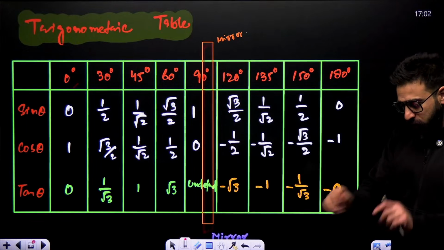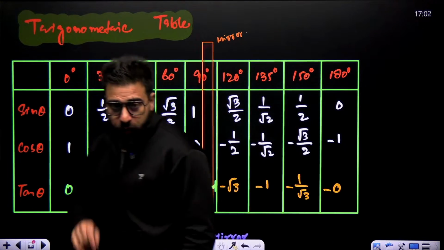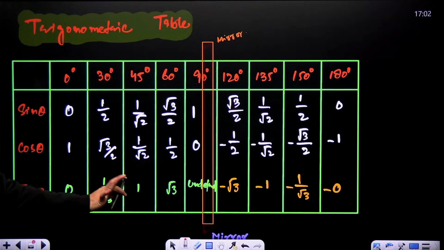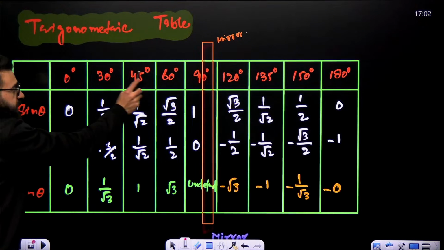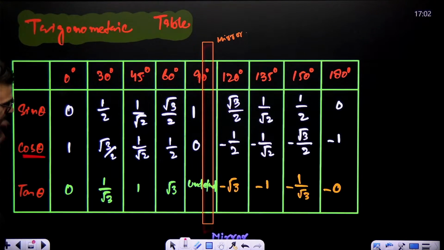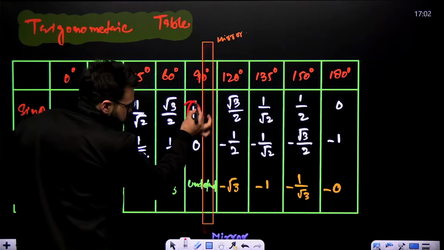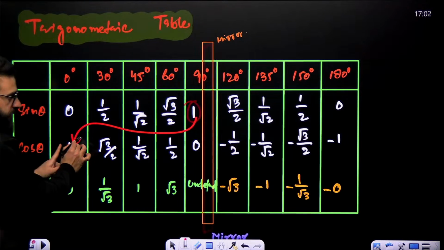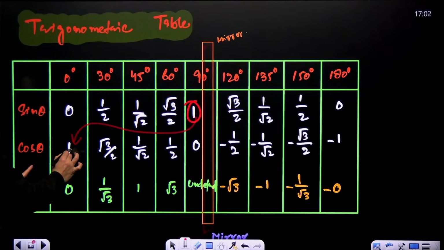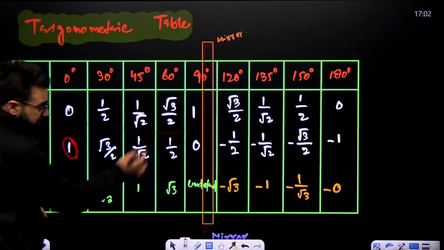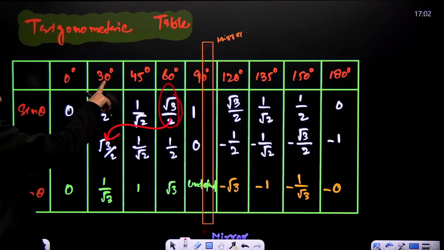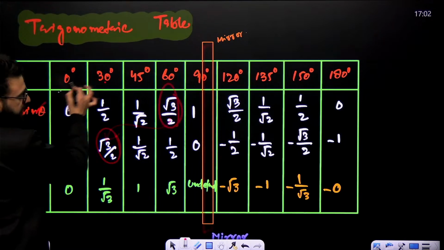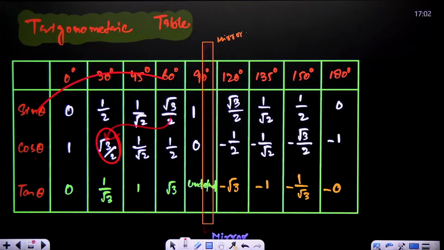Okay, cool. Now let's come to the second row. Cos theta. Guys, see. If this is cos theta, so cos 0, 30, 45, 60 and 90. Whatever is placed over here, take it and place it over here. So 1 is here, place it over here. So cos of 0 is equal to 1. Means cos of 30 is root 3 by 2, as sine of 60 is root 3 by 2.